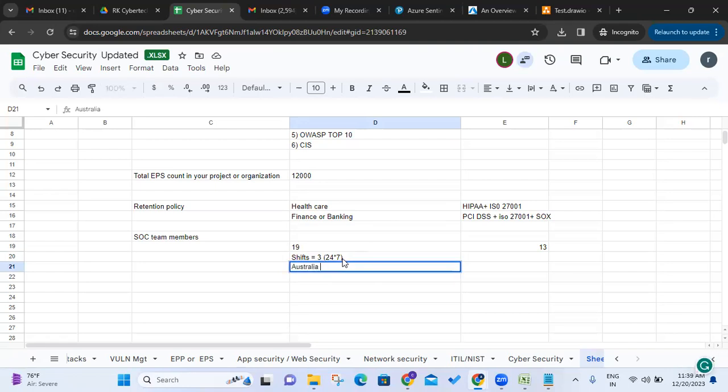The Australia shift starts from morning 5 a.m. to 2 p.m., so 5 a.m. to 2 p.m., including lunch time also. That is the first shift.